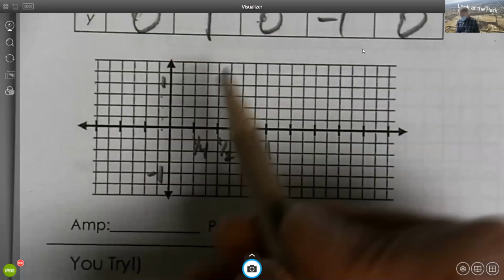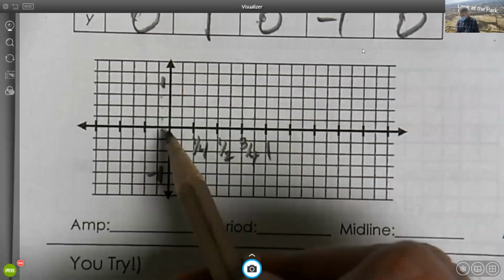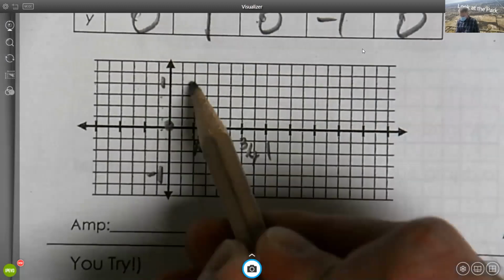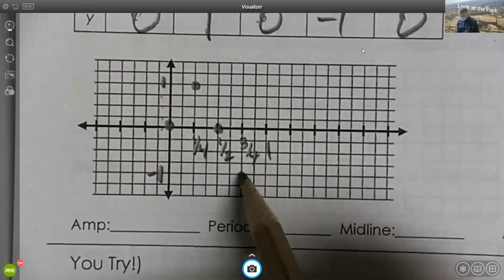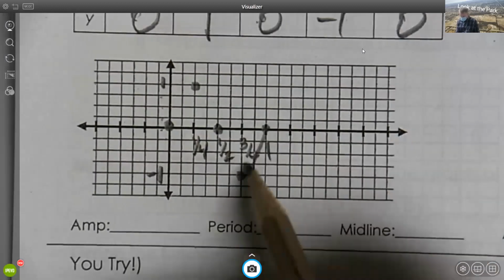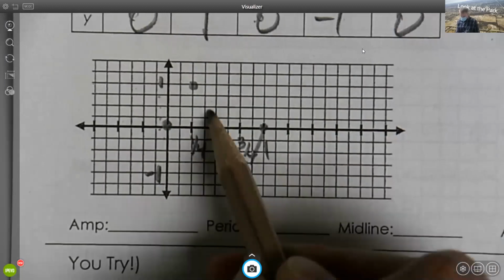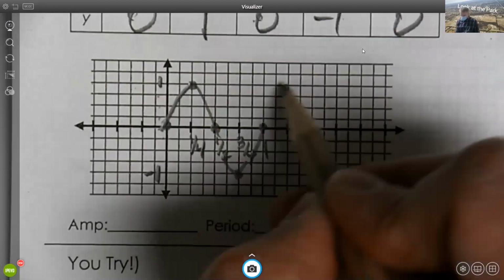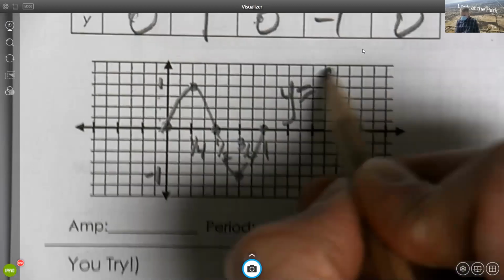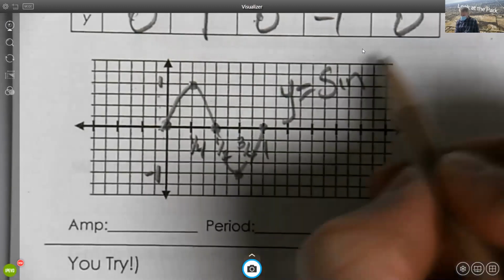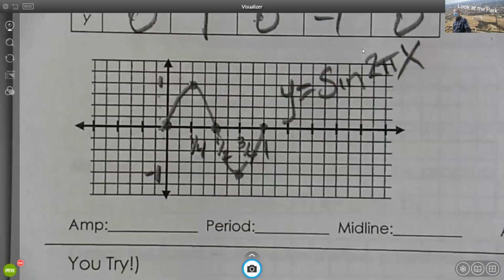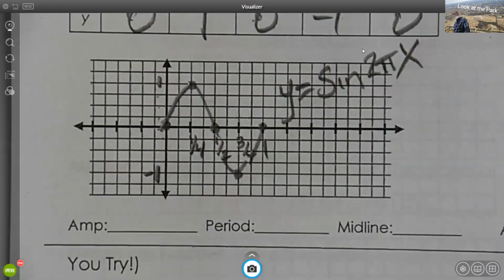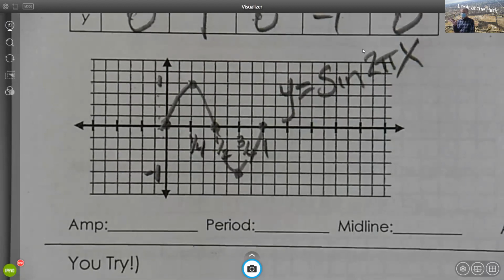So we're going to start out, this is a sine graph, so we're at 0, up to 1, to 0, and back. Y equals sine of 2 pi x. Okay, now this is really tight.